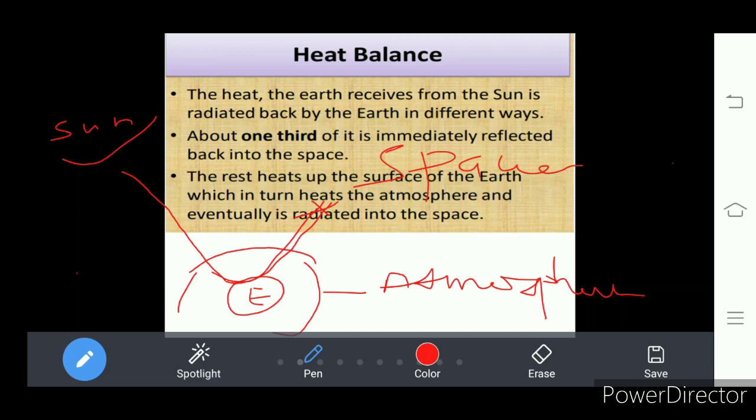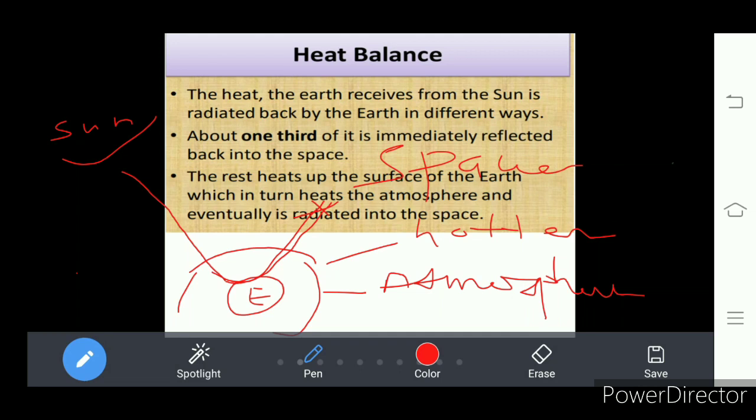It radiates only the excessive heat. If it does not radiate this heat into space, the heat absorbed by earth increases and becomes much more. It turns hotter, and as it turns hotter, it is not suitable for us to live on it.